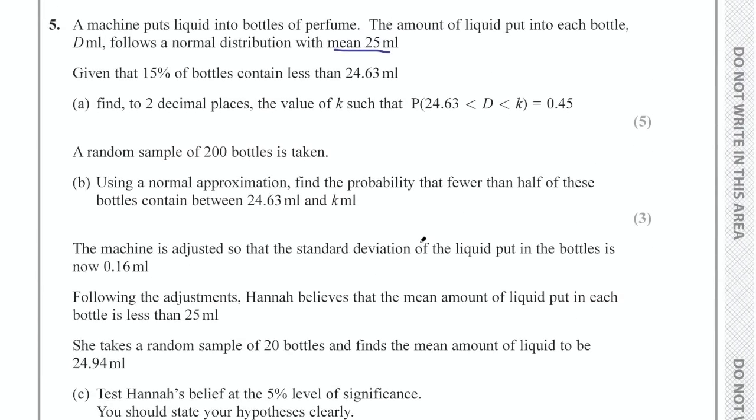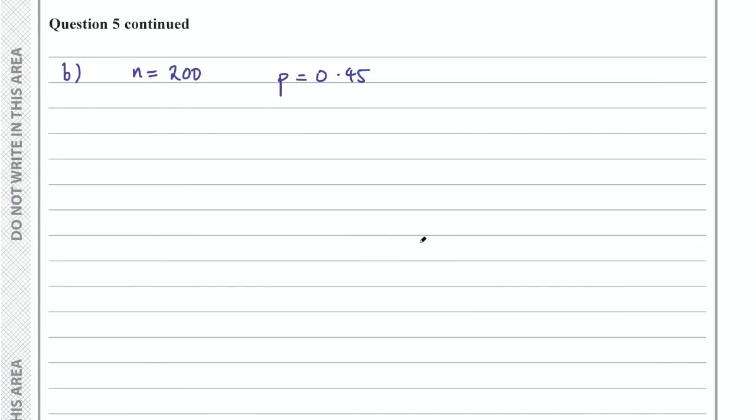They give us that in part A. And then we want to say that this variable Y is a binomial distribution with sample size 200 and probability of success 0.45. And then let's say this binomial distribution is approximated by a normal distribution, and we actually need to find that mean and standard deviation. So the mean for the approximation is going to be 200 times 0.45.